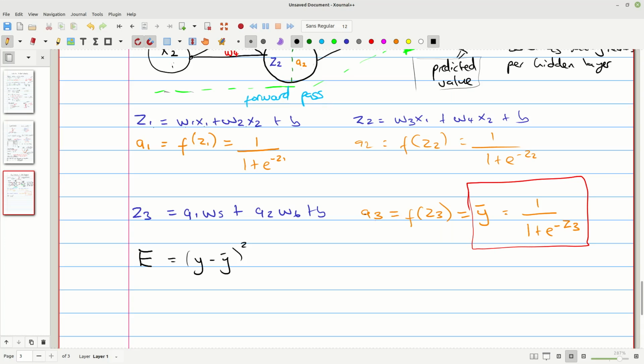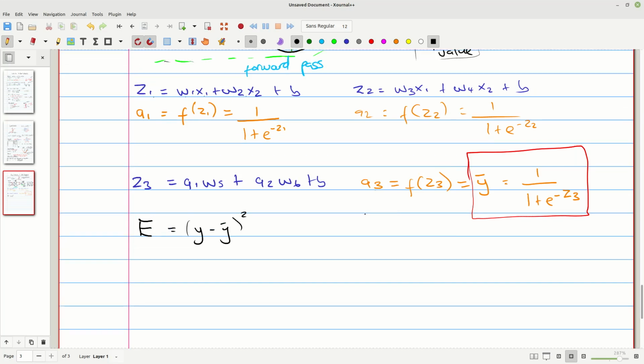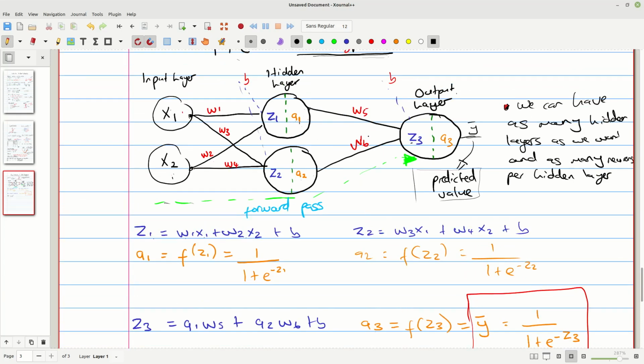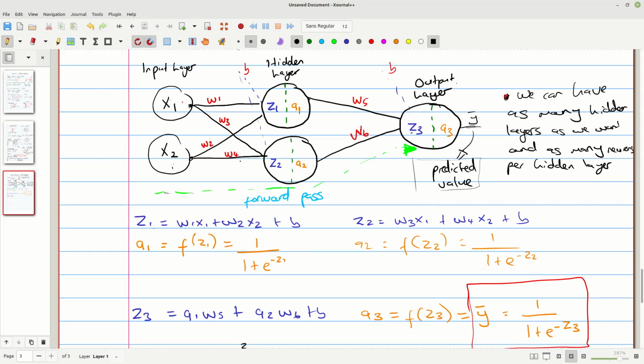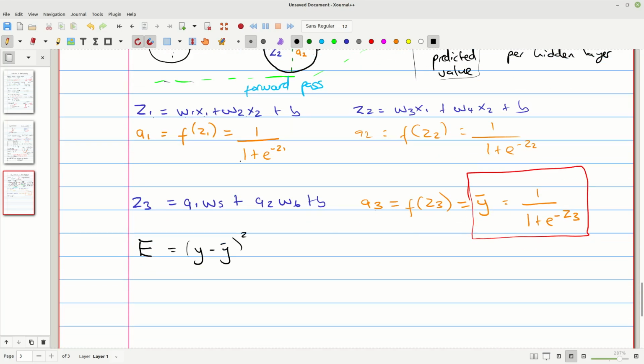So okay, this is the problem we have. What did we say we needed to do in order to correct these weight values, so that we update them properly and they minimize the loss function?